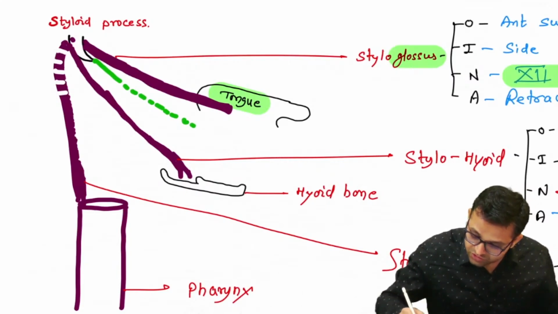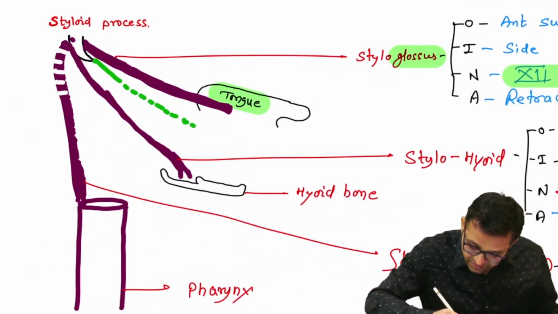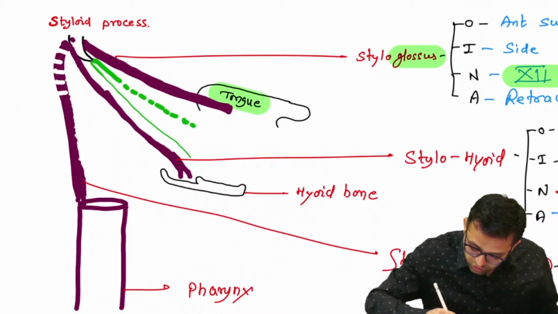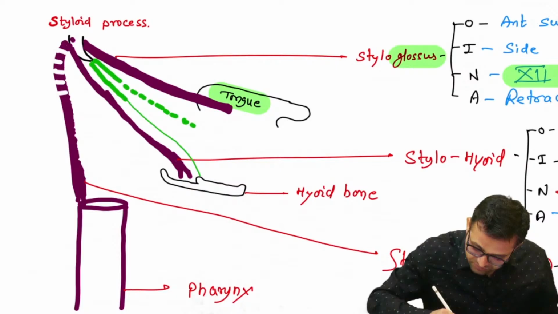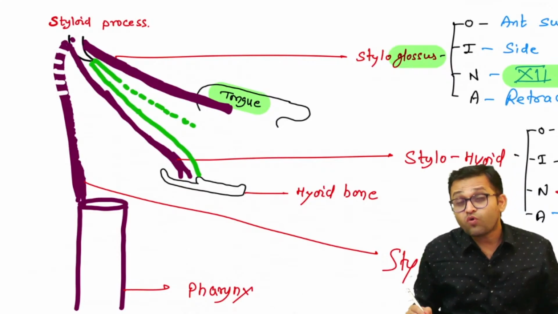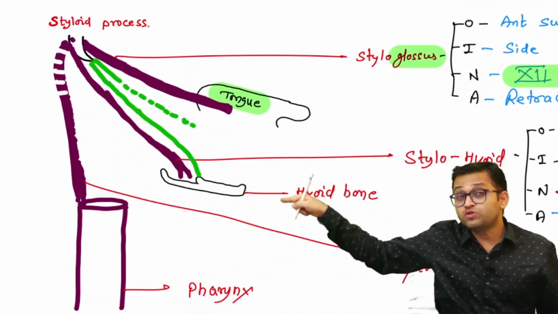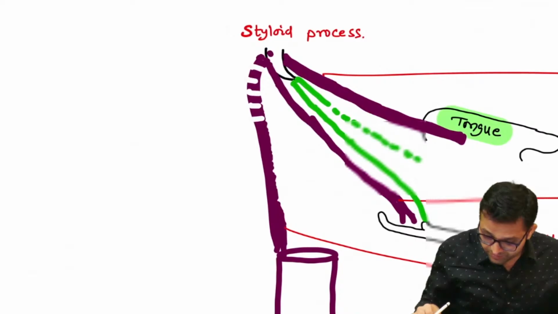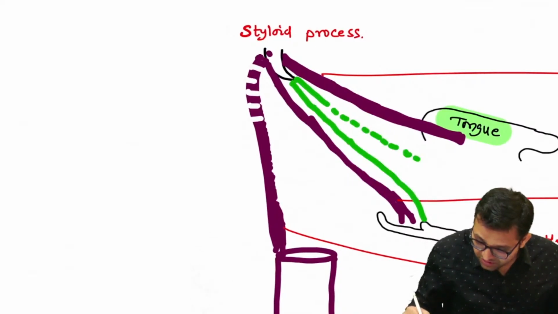So just drawing that another line from the tip of the styloid process, it is going to the lesser cornu. Fine. So this is the styloid to the hyoid bone. So I am mentioning here these ligaments.